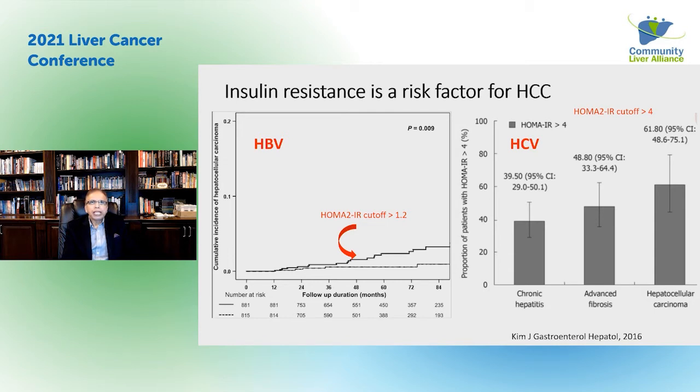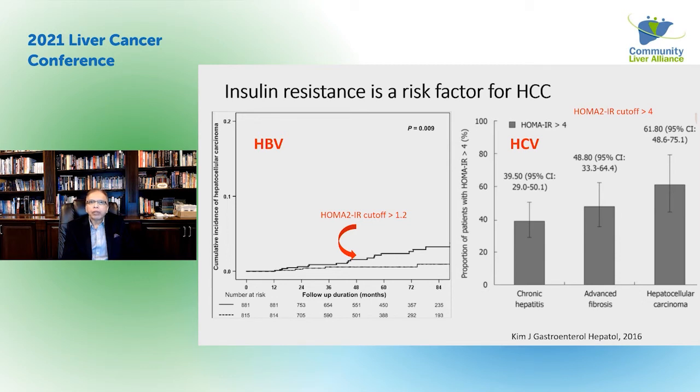On the left are patients with hepatitis B, and this shows the cumulative incidence of hepatocellular carcinoma. Those with a higher level of insulin resistance had higher risk of HCC. This also applies to patients with hepatitis C on the right.